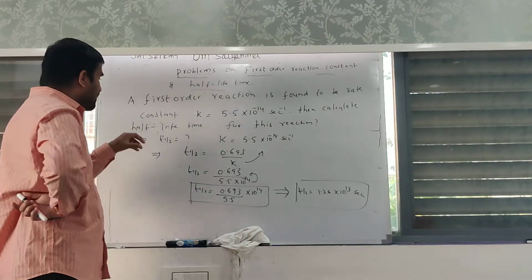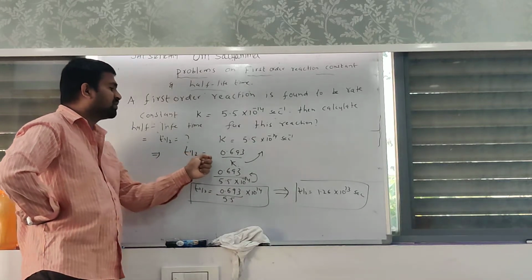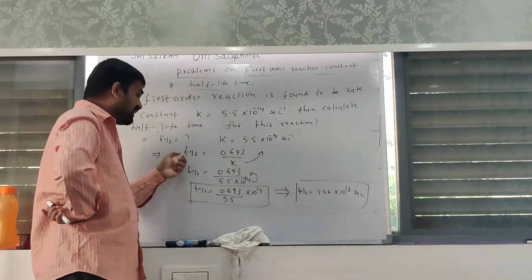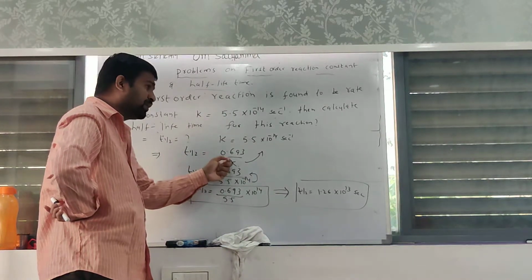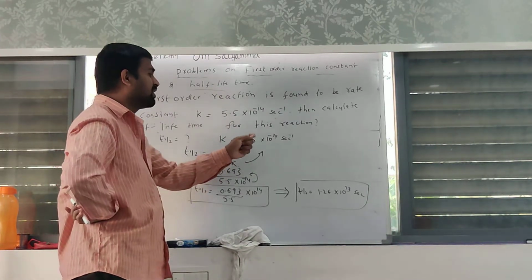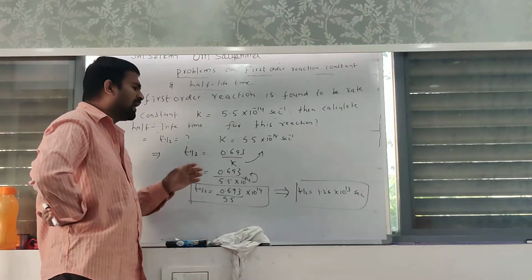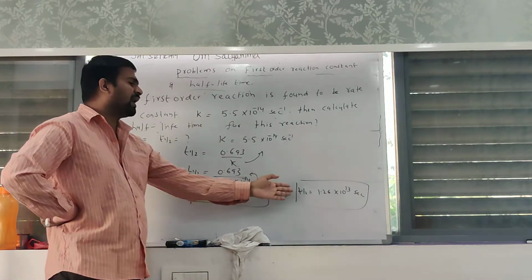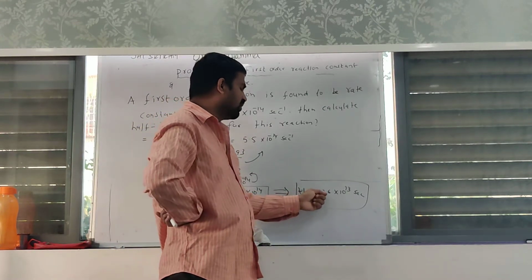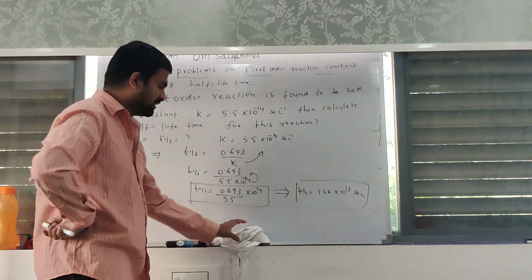The relation between half-life time and rate constant is T half is equal to 0.693 by K. Already you know the rate constant, 5.5 into 10 power minus 14 second inverse, given in the problem. So you can substitute the value in this expression. Finally, you get the value of T half for the first order reaction: T half is equal to 1.26 into 10 power 13 seconds.